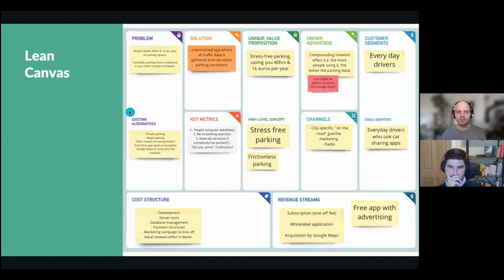By using a lean canvas, I was really able to pinpoint and specify what the problem is and what a possible solution could be. I also defined some key metrics, but most importantly, it was about stating the unique value proposition of the solution that I presented.